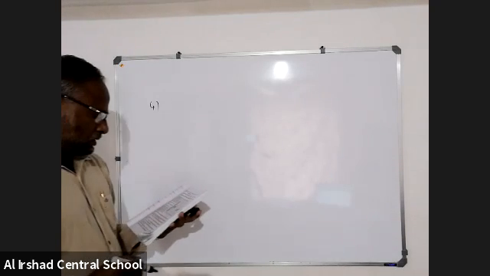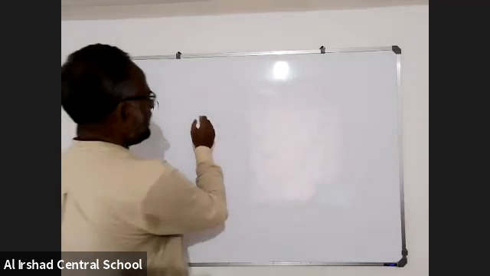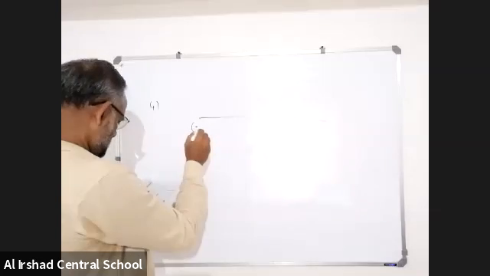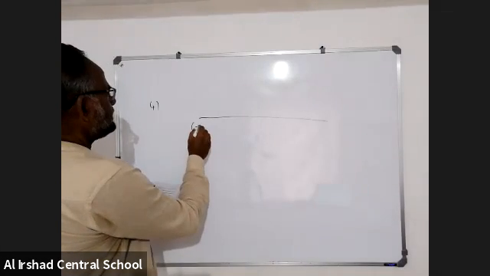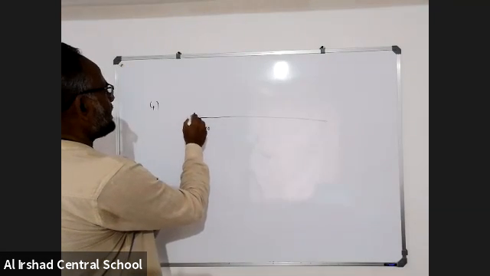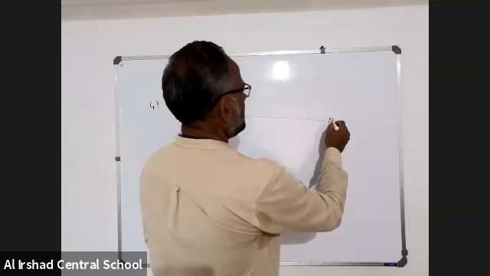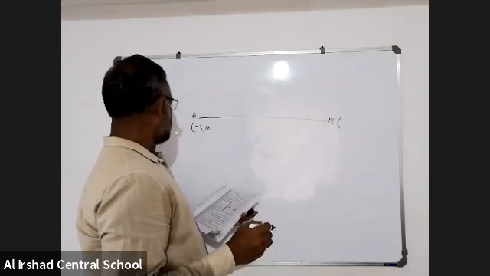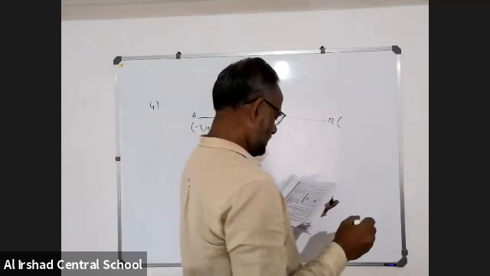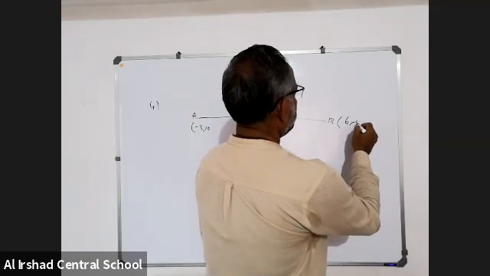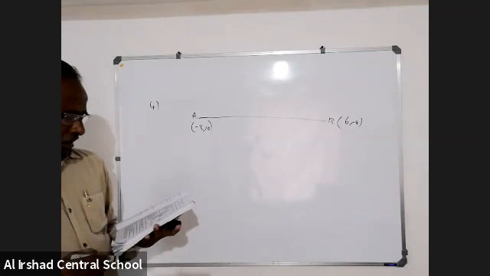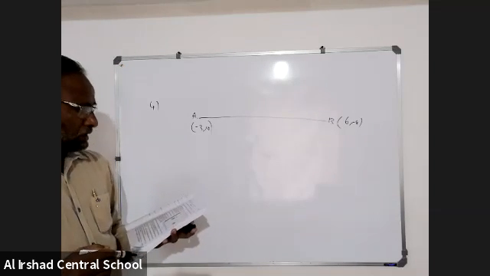Find the ratio in which the line segment joining the points is divided. I am drawing the line segment first. This is my A, -3, 10, and this is my B, 6, -8. Divided by -1, 6.